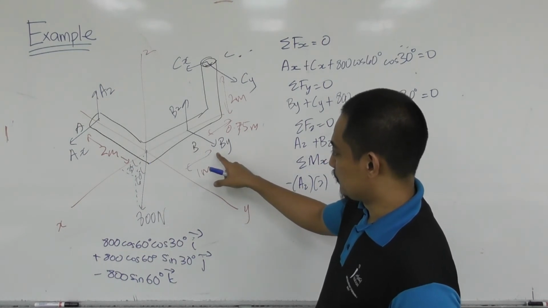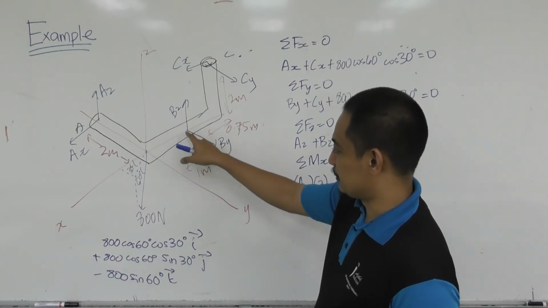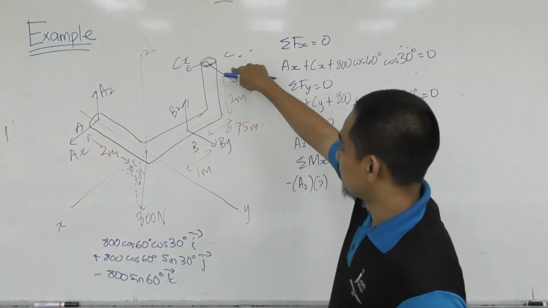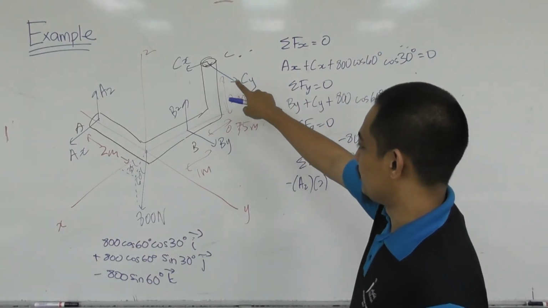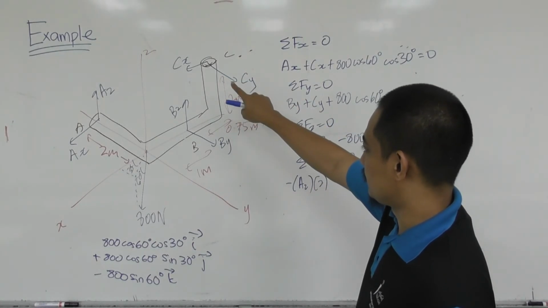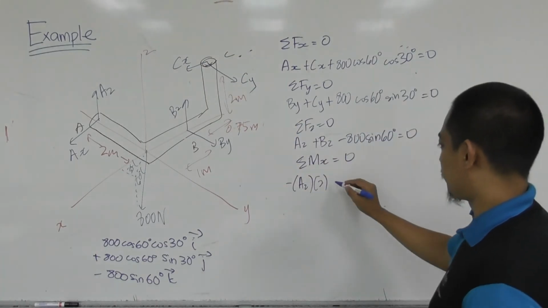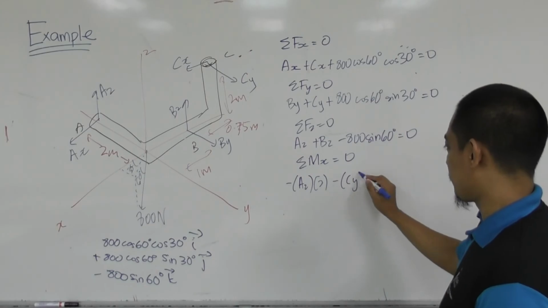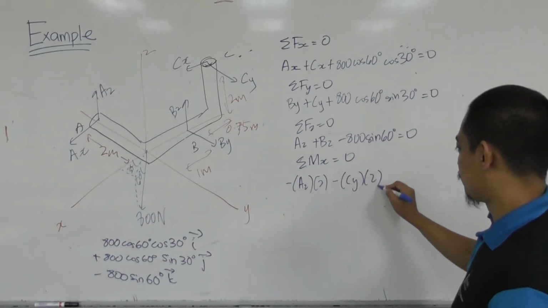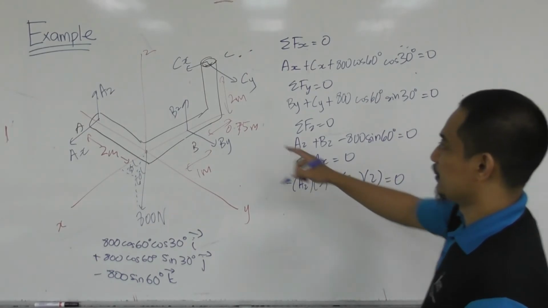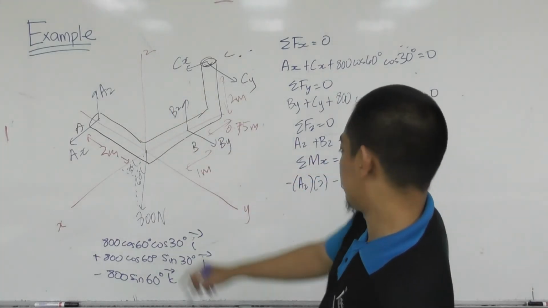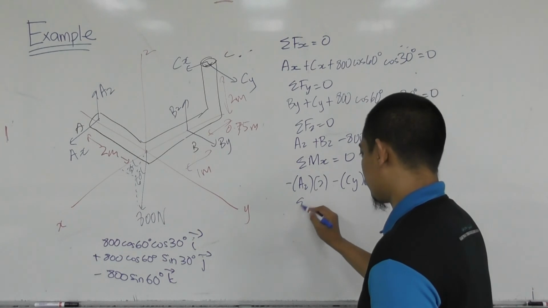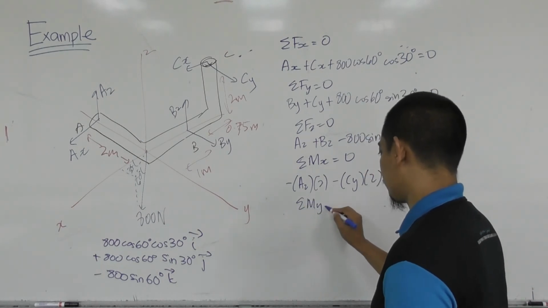By and Bz go to the x-axis, no moment. Cy actually produces moment about x, clockwise, so minus Cy times a distance of 2, equal to 0, because Cx doesn't produce any moment about x. So you have that one. And then summation of moment about the y-axis equal to 0.